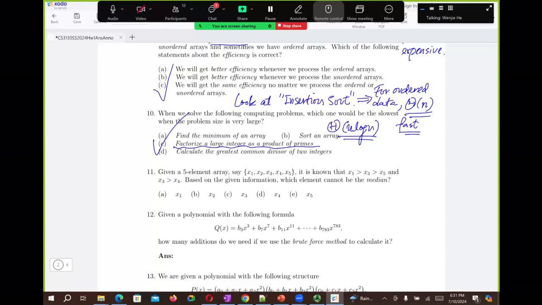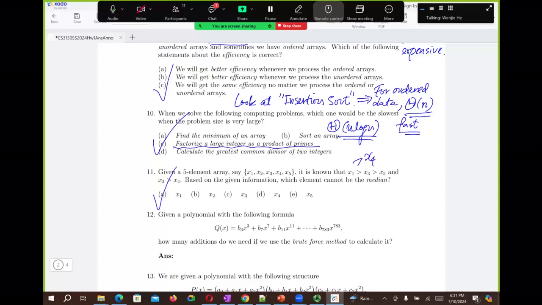Then number 11, the answer is A. Most students got that one. You can see x1 is greater than 3, 5, and 4, and also greater than 4, so it is greater than 3 elements and cannot be the median.